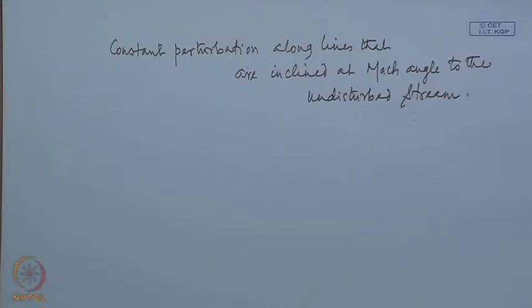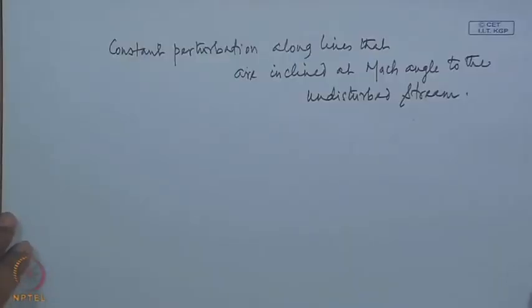That is, along any line which makes the Mach angle with respect to the undisturbed stream, the perturbation remains constant even up to infinity, or in a practical case to a very large distance.